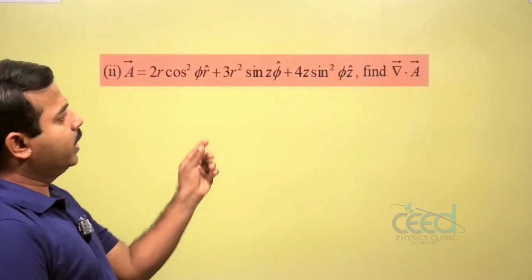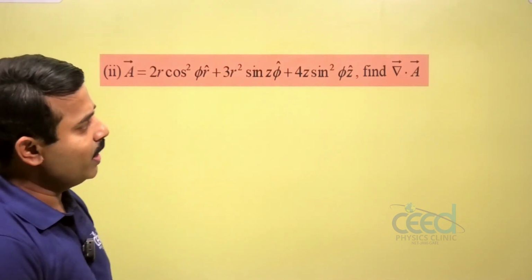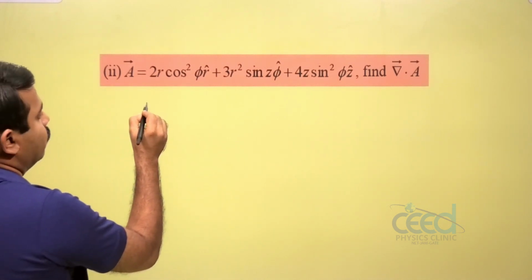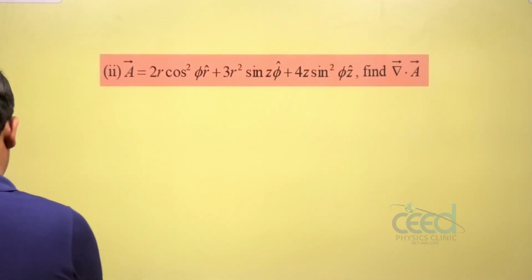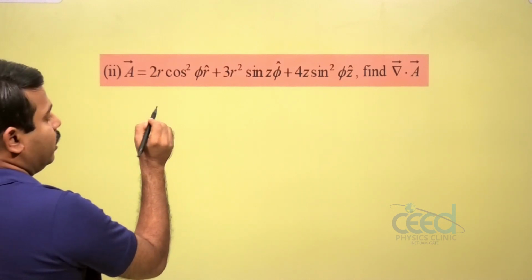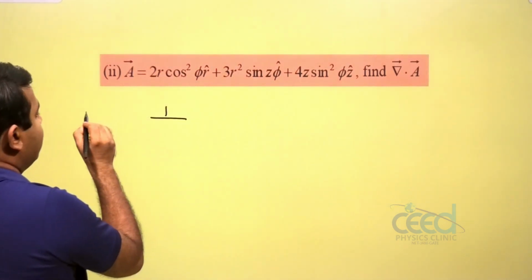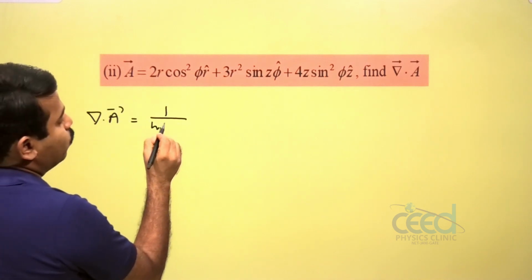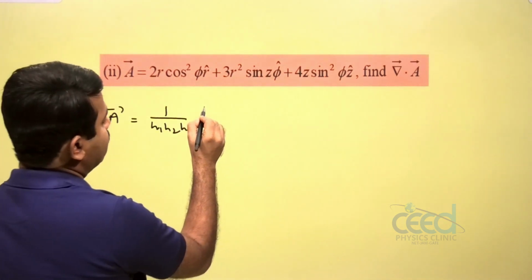Now look here, divergence of A, what is its basic formula? We studied, divergence of A is equal to 1 by h1 h2 h3, right?